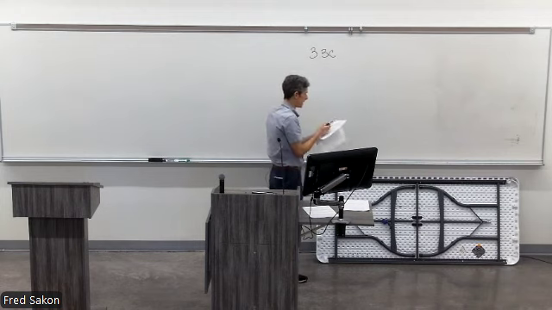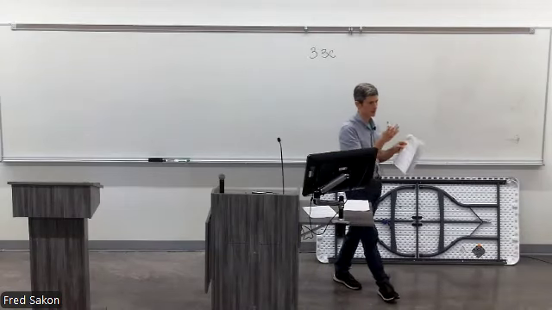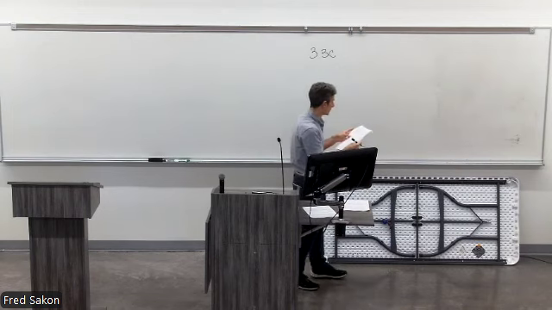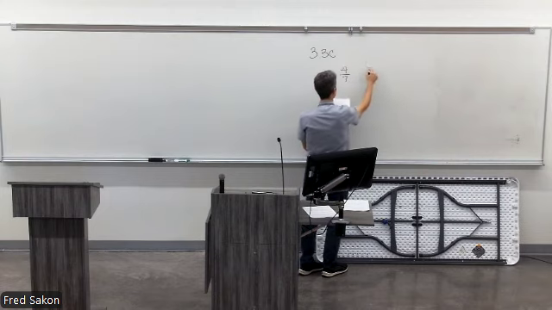3.3c is all about identifying order between two fractions. How do we know whether one fraction is larger or smaller than another? We're given the example at the start to compare 4/7 and 6/7.